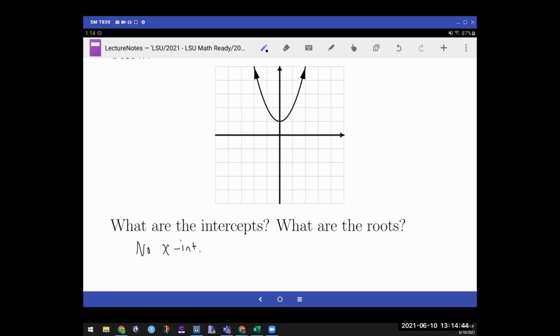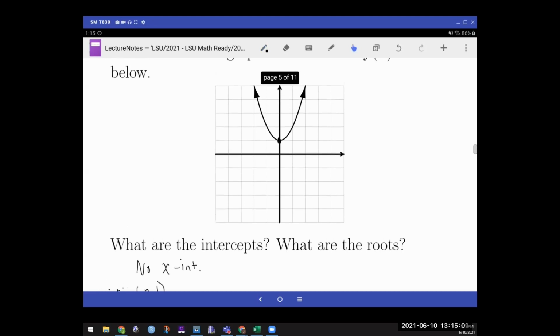We do have a y-intercept though. It crosses the y-axis here at 0, 1. So let's say that 0, 1 is the y-intercept. But we do not have an x-intercept.